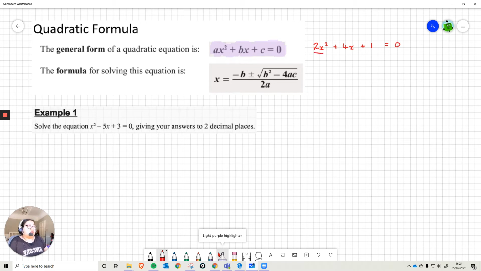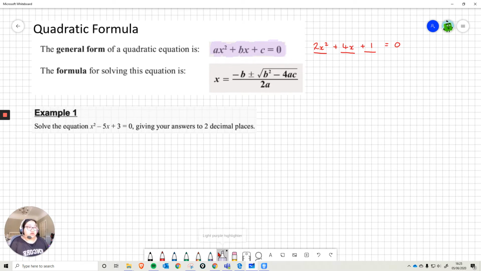You have an x squared term, in this case a is 2. You have an x term where our b is 4, and we have a constant at the end, so our c is 1.